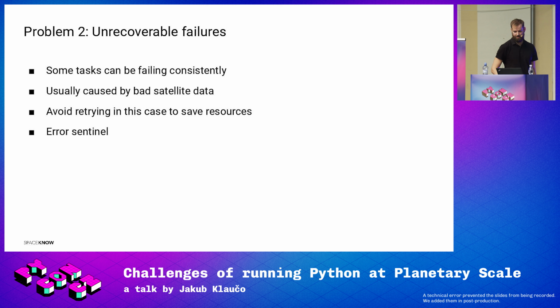In our case, this is mostly caused when our satellite data provider brings us, let's say, corrupted metadata in a small part of the image. To solve that, we use so-called error sentinels. Specific failed tasks can save error sentinels to a database or storage, so that the whole workflow can be quickly stopped without having to reprocess again.